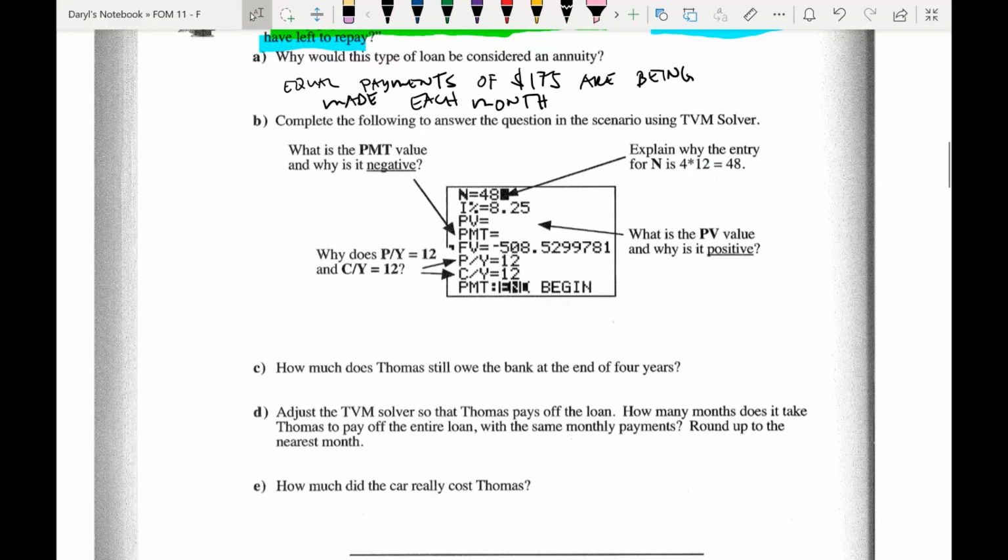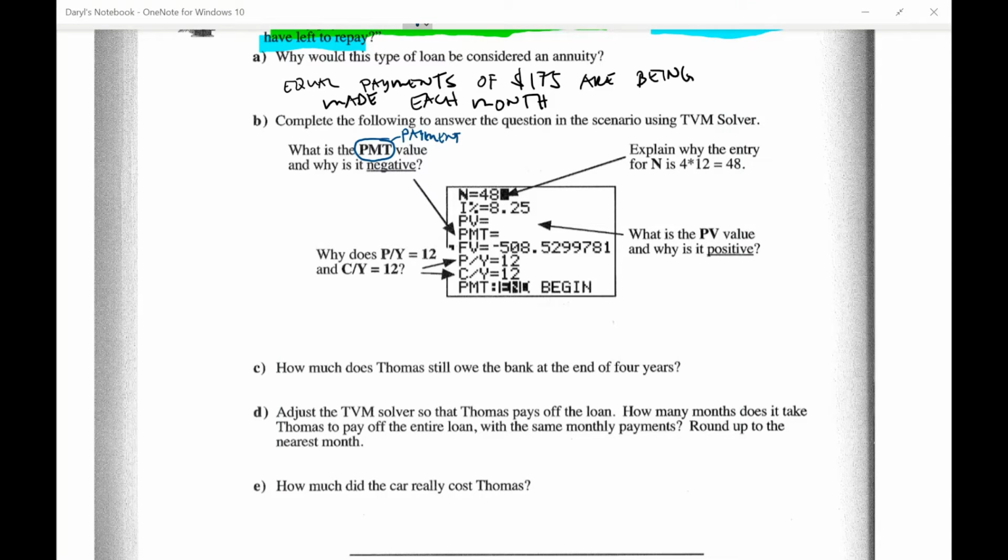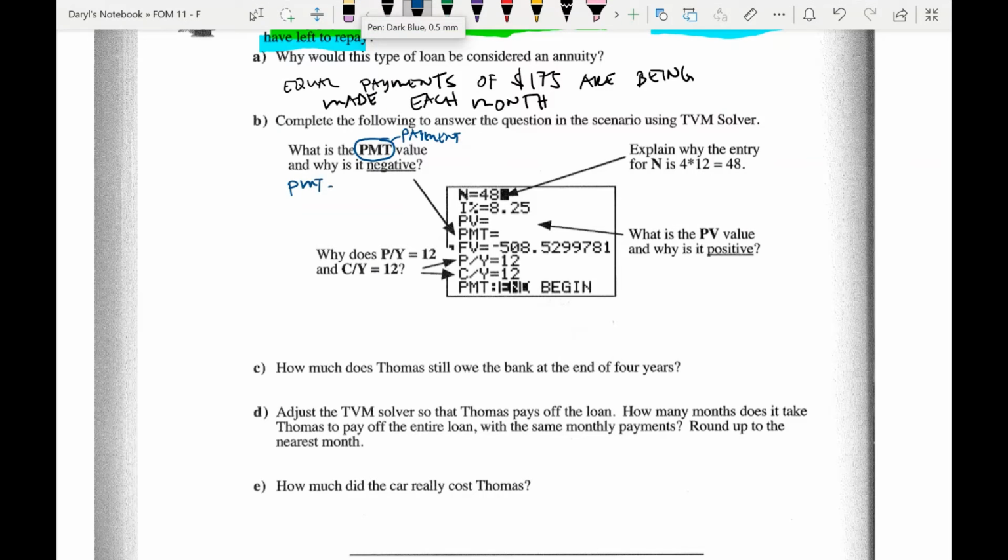For the question, what is the PMT value and why is it negative? PMT is the payment made each month, so PMT is equal to negative 175.